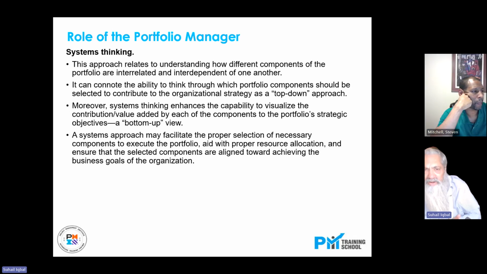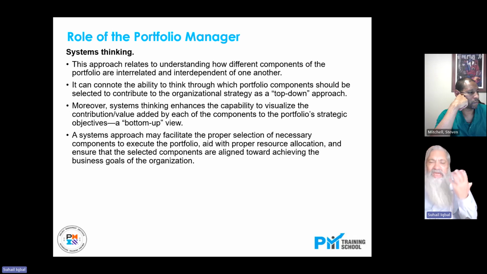Or if at all they have a difference in thinking, when they exchange ideas, they adopt ideas from each other and they become one, right? They have the same thinking mechanism. This approach relates to understanding how different components of the portfolio are interrelated and interdependent of one another. Because they are interdependent, they are not enemies, they have to work together. So they have to develop a coordination, some kind of system thinking.